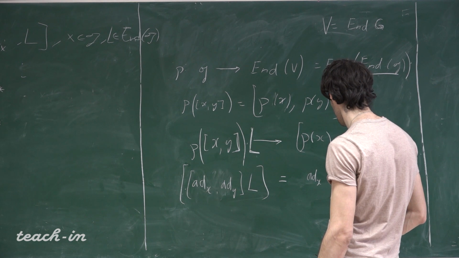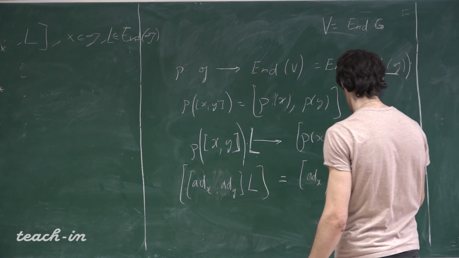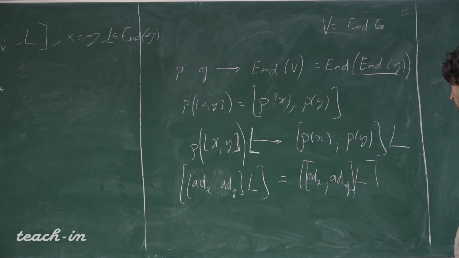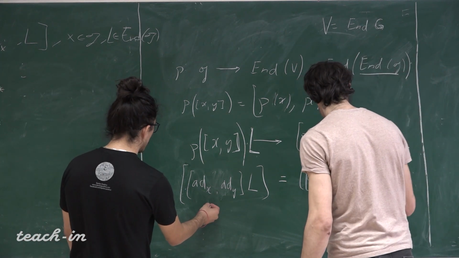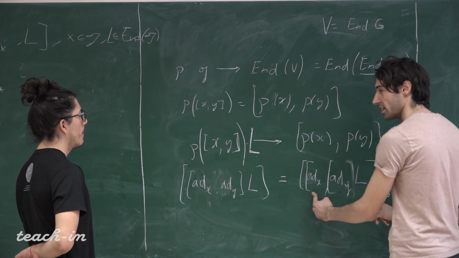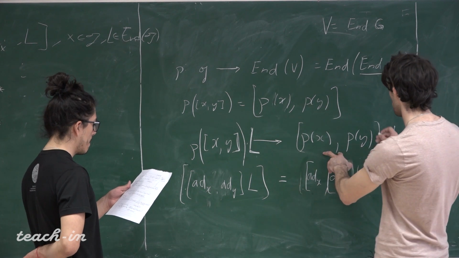Yeah, I tried to write it actually. So like this, right? No. Like this. So first I apply ad y, and then I apply ad x. Maybe I have too many brackets. So what is this thing?